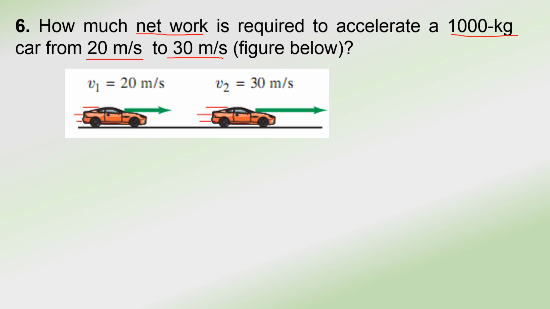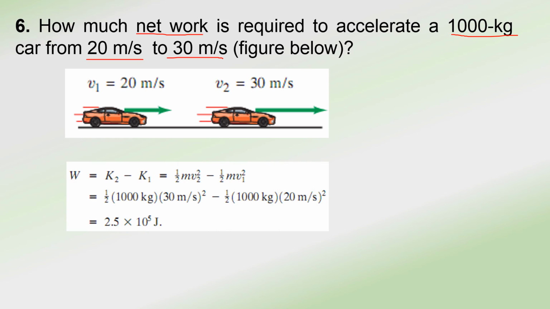Here, the initial velocity and the final velocity are related to initial and final kinetic energy. And we know that the change in kinetic energy of a body is equal to the net work done. And here the net work is equal to final kinetic energy minus initial kinetic energy.